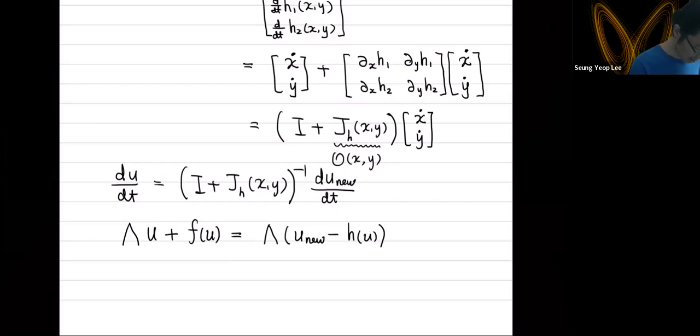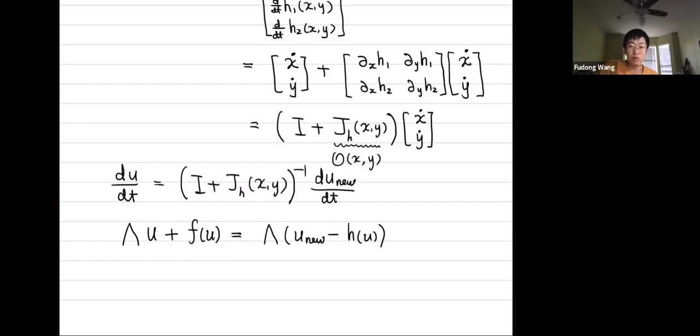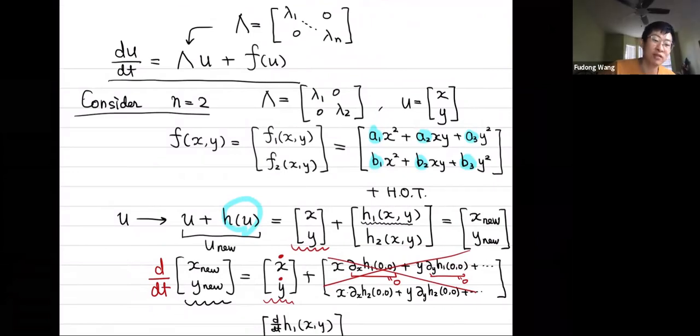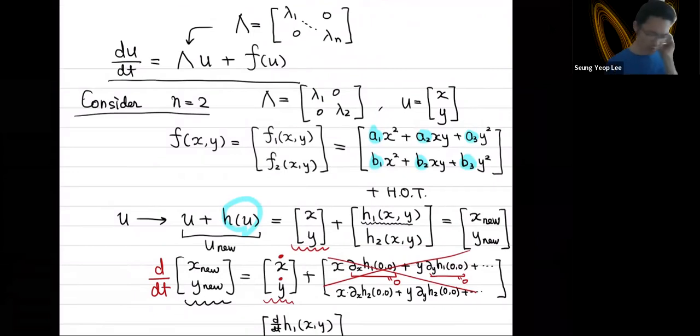H of u is this one, and this part is u nu. I define u nu as u plus h of u, where h is some quadratic and higher term correction.